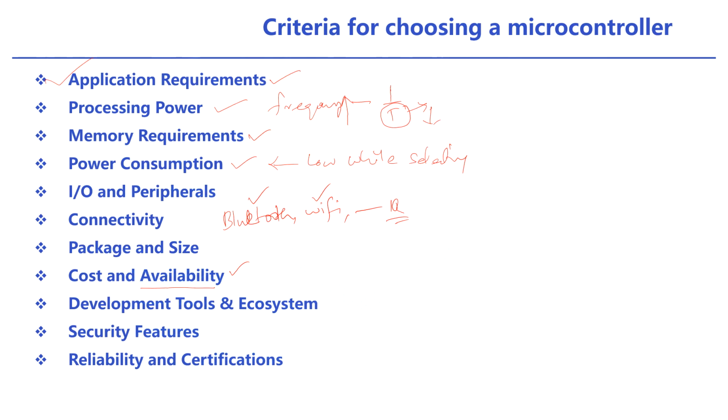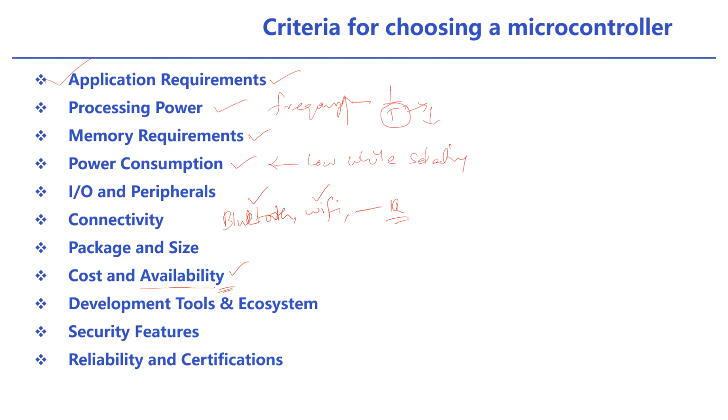After 1 year, the company is closed. They are not producing any microcontrollers. So to replace the microcontroller, there is no possibility. That's why you need to check whether that company is consistently producing the microcontrollers and they are readily available at any time.